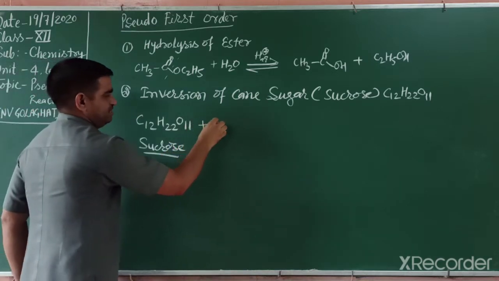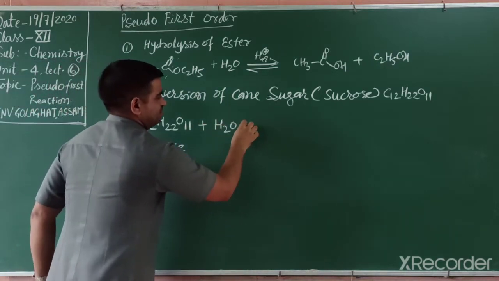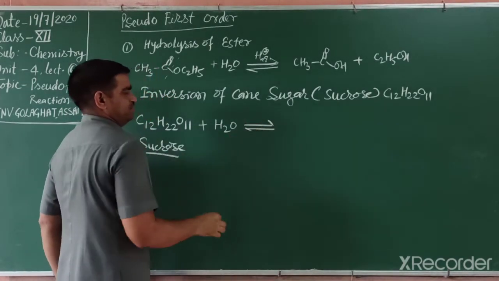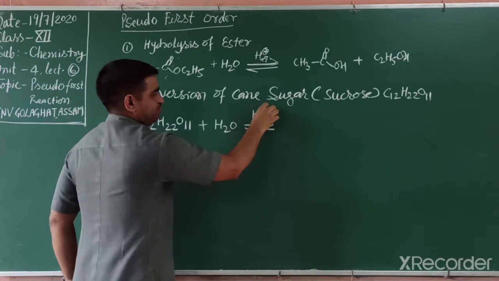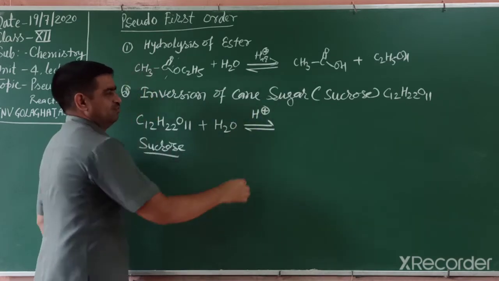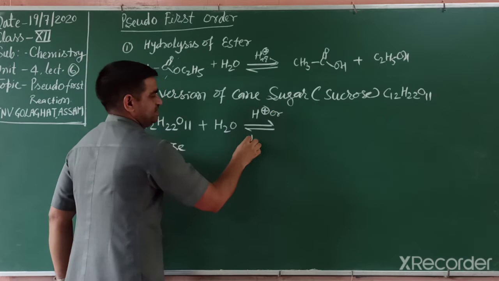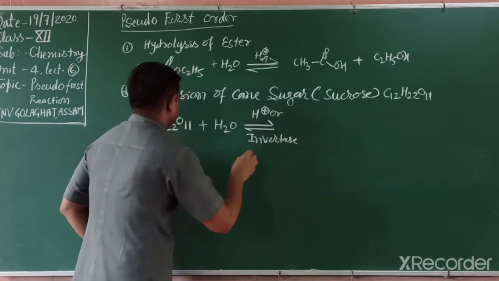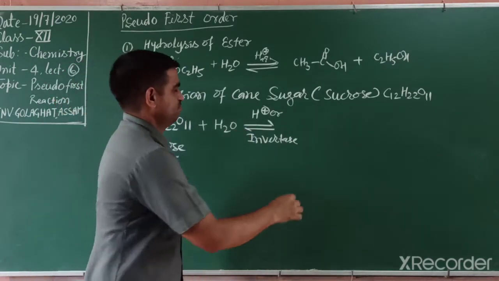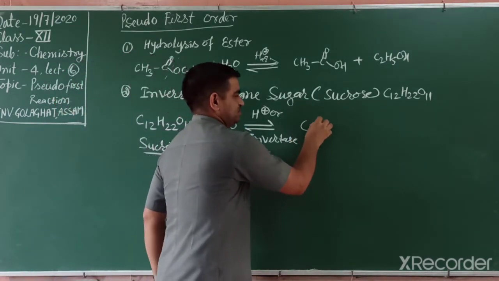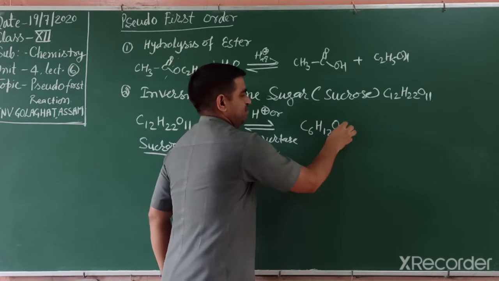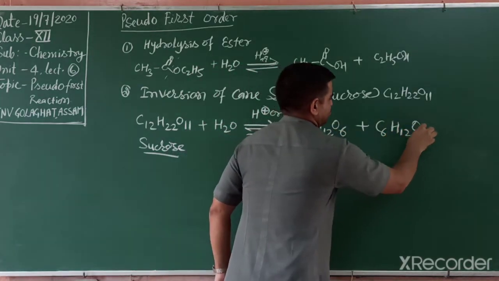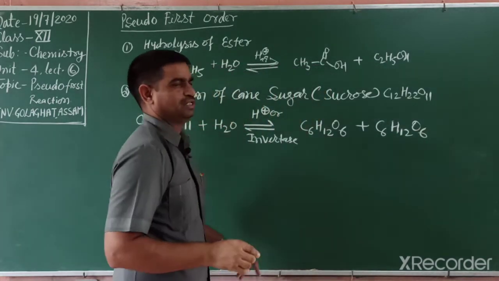When it is hydrolyzed, mixed with water in the presence of invertase enzyme, this is also a reversible reaction in the presence of either acid or enzyme, that is invertase, it dissociates into 1 mole glucose, C6H12O6, plus C6H12O6.